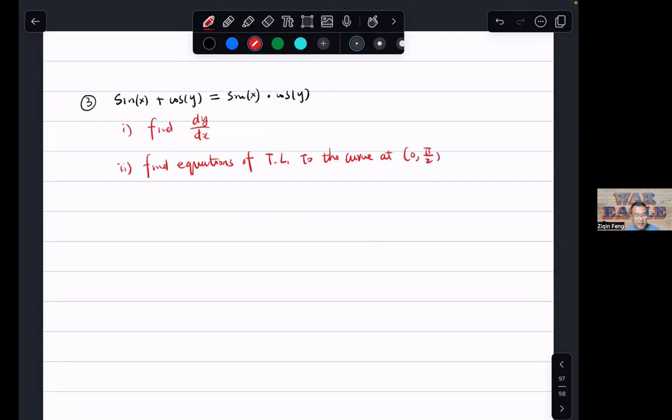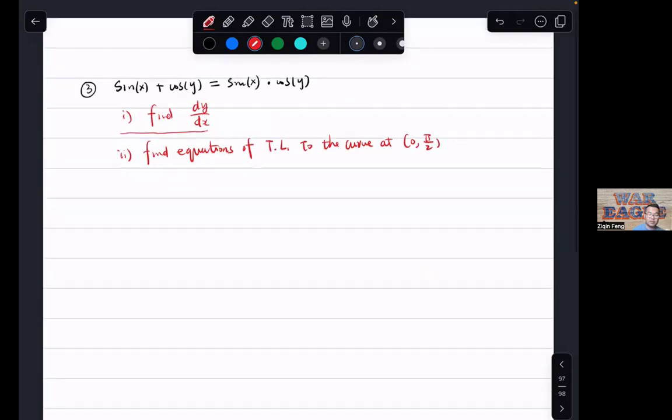If you plug in x equal to 0, y equal to pi over 2, that is clearly satisfied, right? Now, for sure, step one is very important. Let's try to do that.